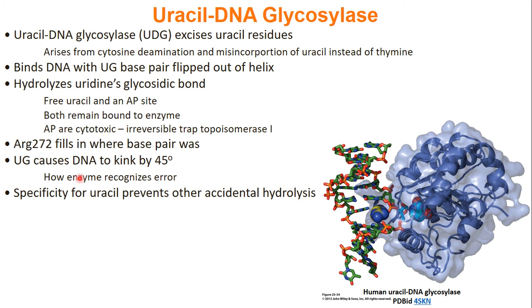So if you have a UG base pair, your DNA is going to have a kink of roughly 45 degrees. This protein binds to that specific structure. That's how we can recognize a UG base pair is present in the DNA. And this protein only works with uracil. So even if there was another region that had the same geometry, it wouldn't cut unless there's a uracil there, to prevent any accidental hydrolysis of DNA bases.